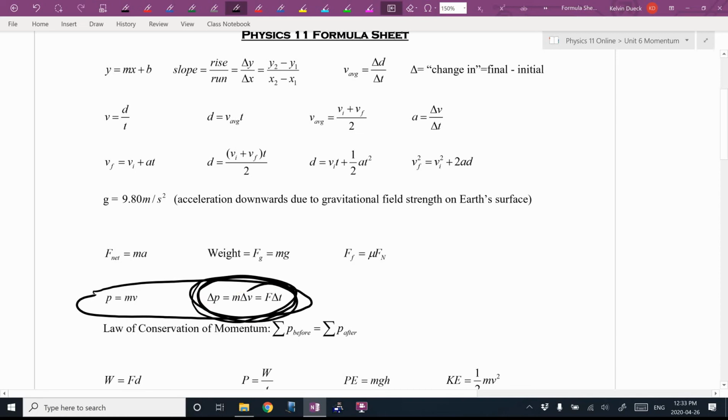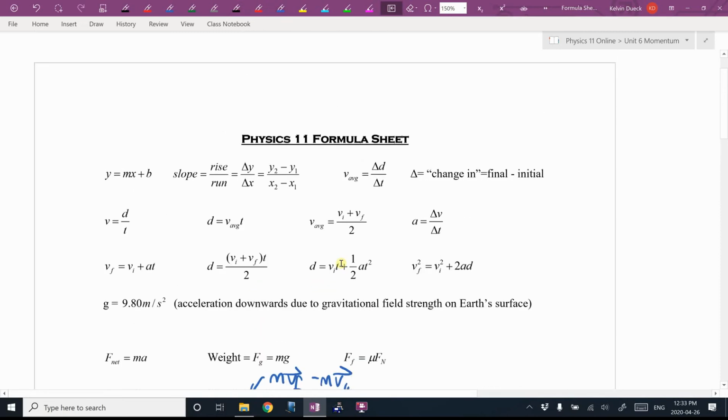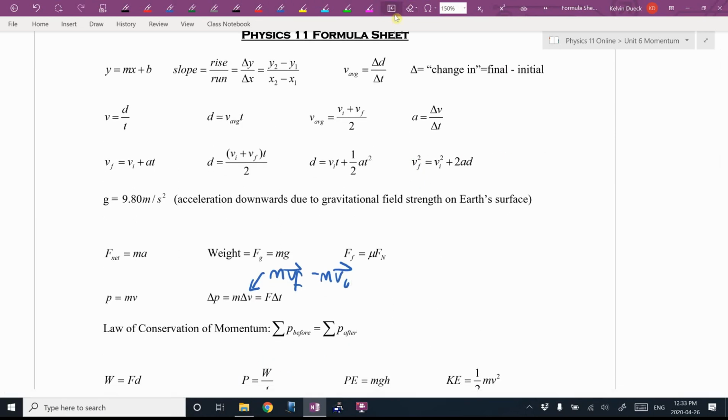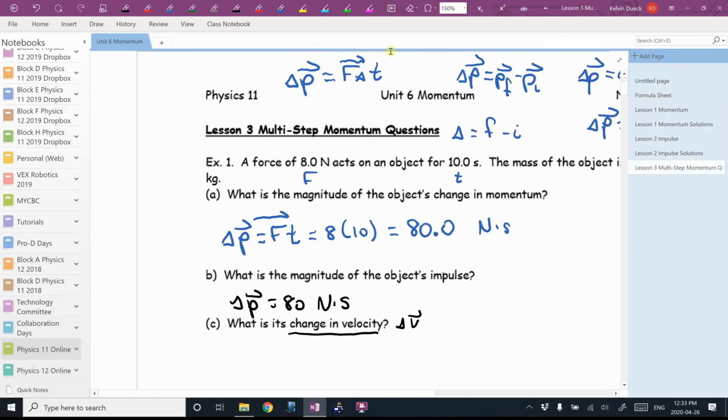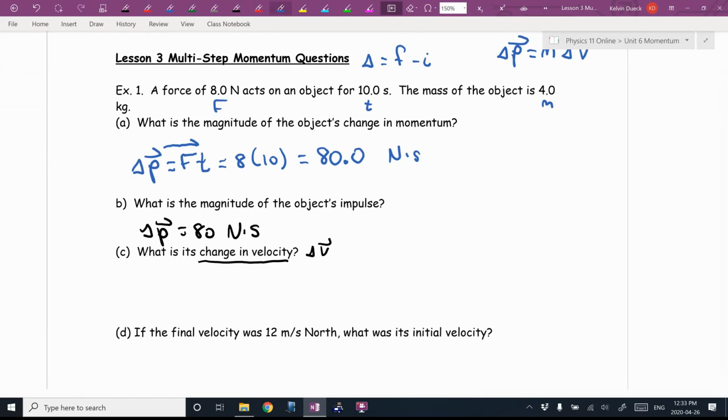It's mass times change in velocity, which ends up becoming mv final minus mv initial, because change in anything is final minus initial. So if you want me to find the change in velocity, I can say, well, impulse is mass times, not velocity, times the change in velocity.